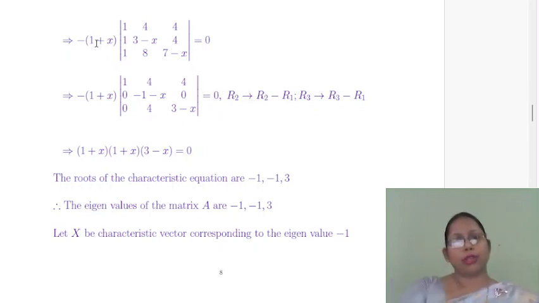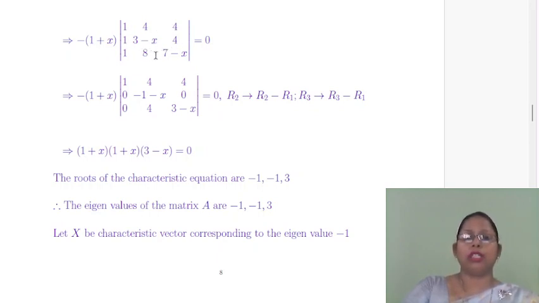That is, minus 1 plus x, within bracket 1 plus x, in the determinant with rows 1, 4, 4; 1, 3 minus x, 4; 1, 8, 7 minus x.